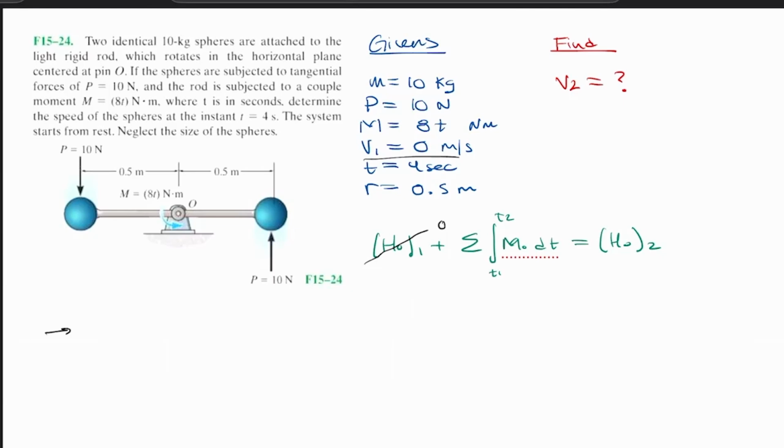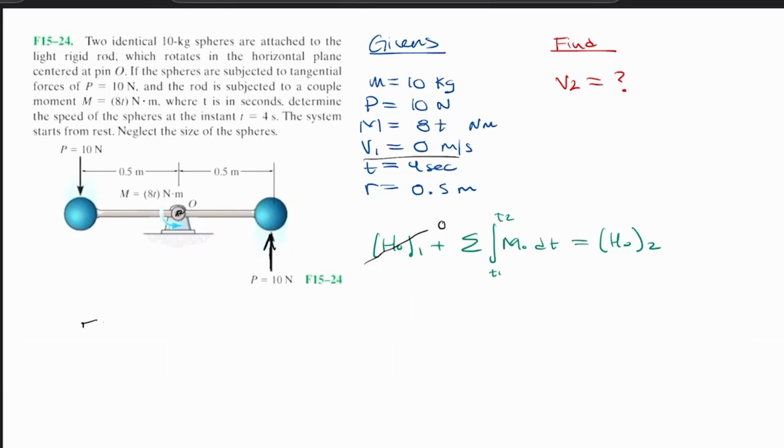All right, so let's start writing down the impulses or the moments that we can find in this system. We're going to do the one caused by the force acting perpendicular to the moment arm.